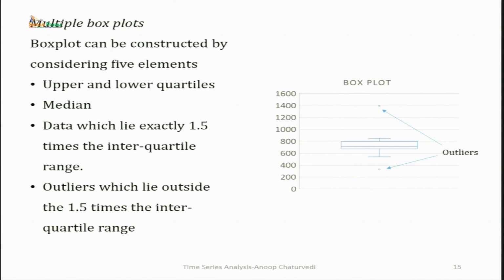Now, here is an example of box plot. So, this is the median. Then upper and lower quartiles are given here, and using these 2 quartiles you can also obtain the interquartile range of the data.